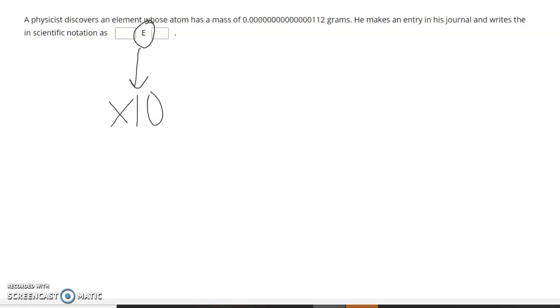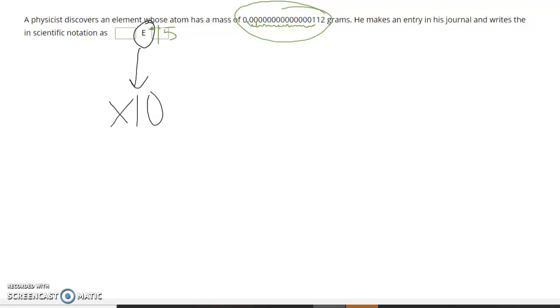So we're going to move our decimal. 1, 2, 3, 4, 5, 6, 7, 8, 9, 10, 11, 12, 13, 14, 15 places. So I know that my exponent is 15, but it's going to be a negative 15 because this number is less than one whole.